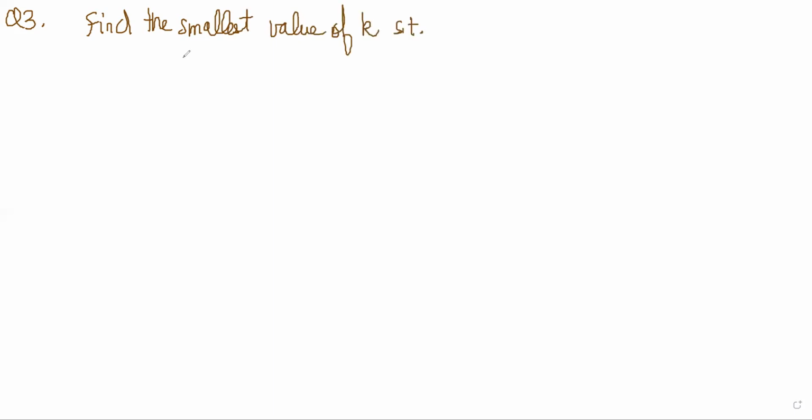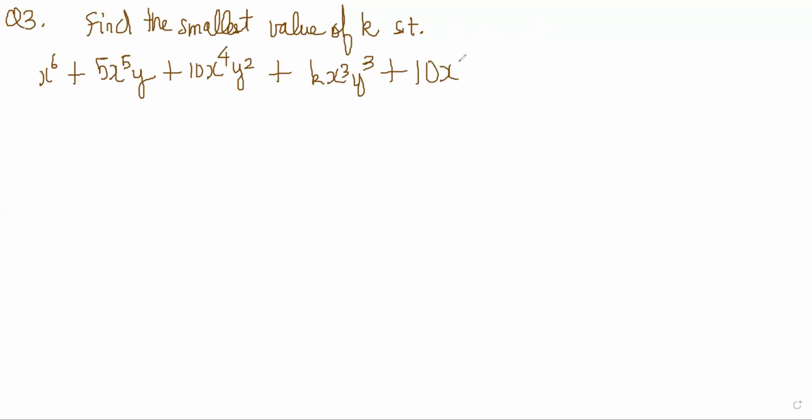Again, one more question that we can look at is: find the smallest value of k such that x power 6 plus 5 x power 5 y plus 10 x power 4 y square plus k x cube y cube plus 10 x square y power 4 plus 5 x y power 5 plus y power 6 is always greater than or equal to 0.